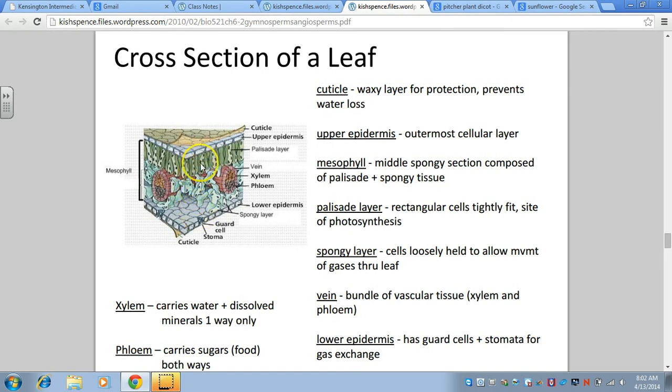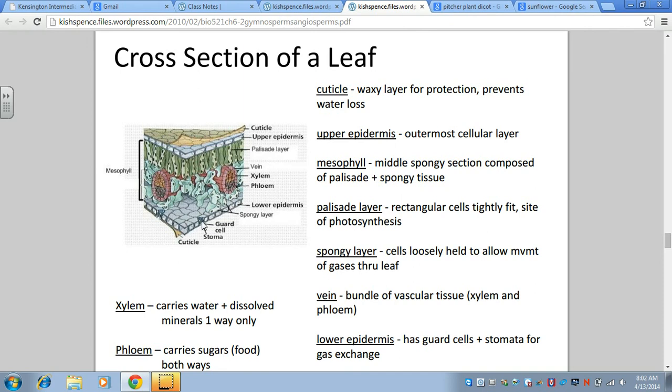So remember, carbon dioxide needs to go in for photosynthesis and oxygen needs to come out. And here are the little holes that they go in and out through, so they have to pass through here fairly well.